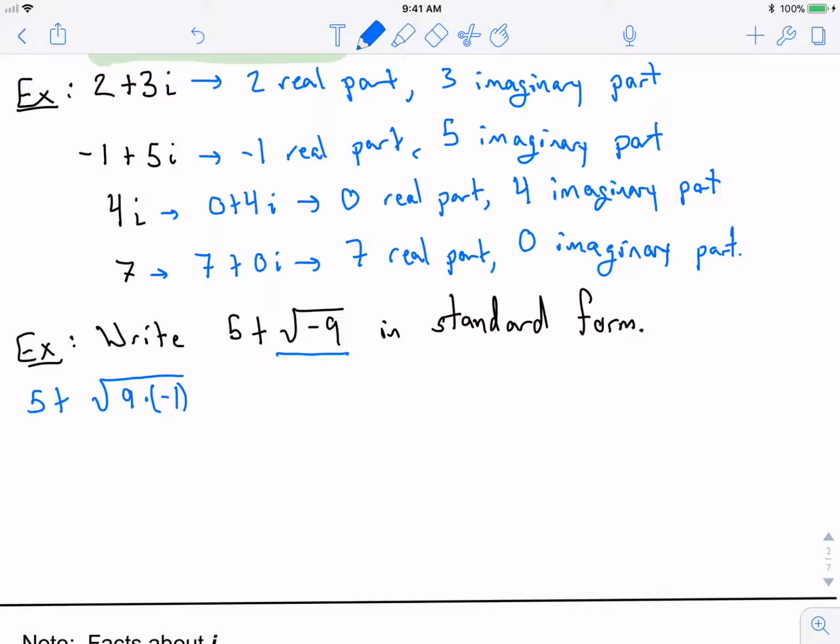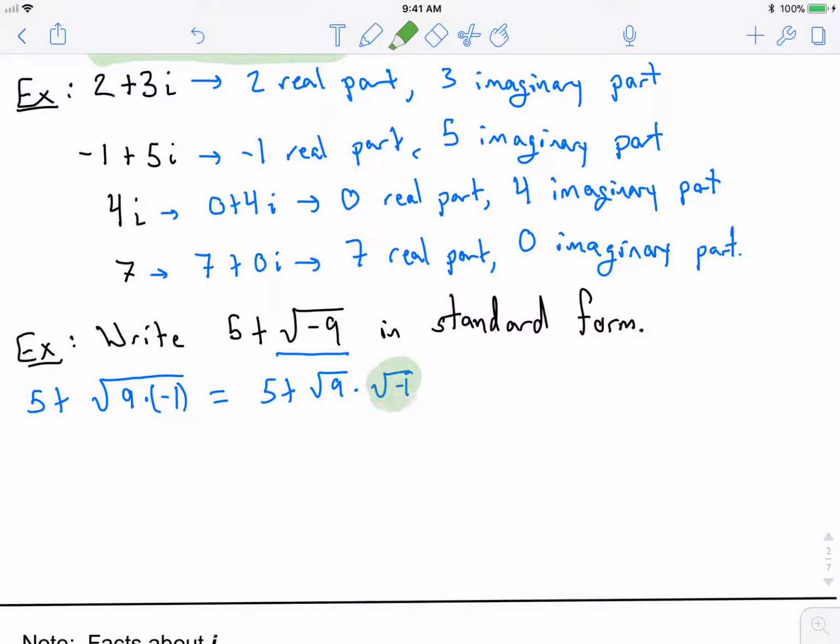Now if we have multiplication or division in our radical, we can simply separate these terms out and write it correctly: 5 plus the square root of 9 times the square root of -1. Remember, this only works for multiplication and division, not addition and subtraction.